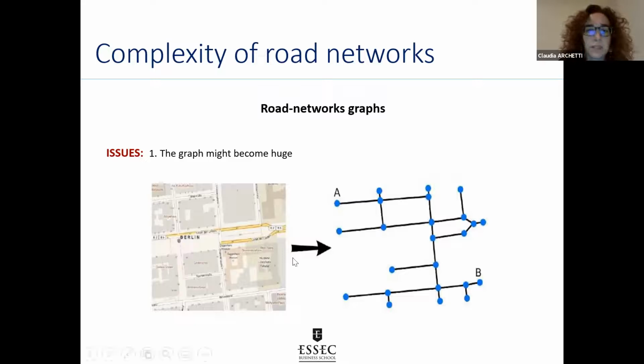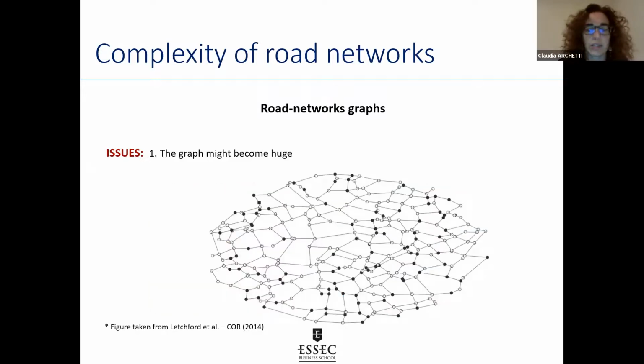For example, here you have on the left part of a road network and the corresponding graph representation on the right. We have the 2 locations A and B that we want to visit, but you see the number of vertices and edges that represent the road network topology is much larger than the 2 standard points that we would have included in the very first convention used in the representation of routing problems. And this is just another slide for showing you that the size of the graph increases very fast.